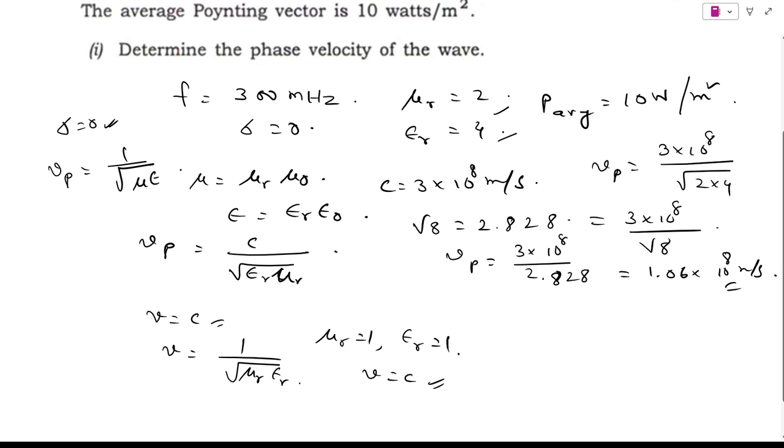Okay, so increasing either permeability or permittivity reduces the phase velocity and the wave travels more slowly in such media. Okay. Now, whenever you see sigma equal to 0, immediately think lossless medium and simplified wave equation and use v equal to c by root over of mu r epsilon r without any hesitation.